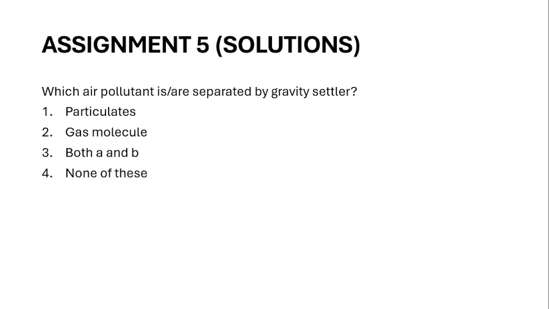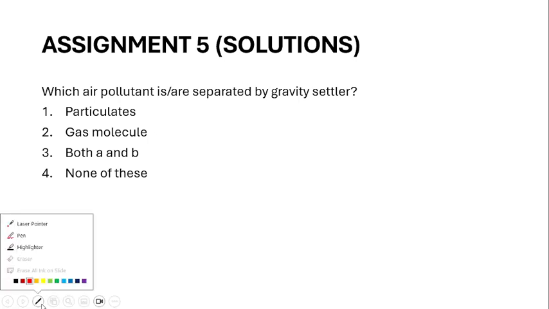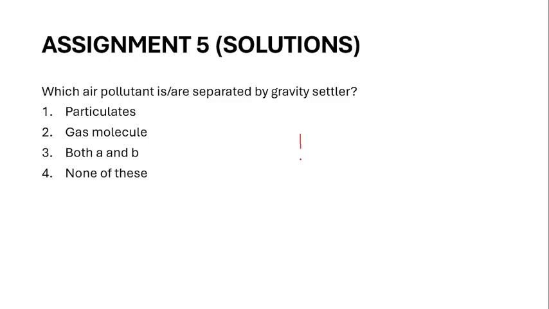Which air pollutant is separated by a gravity settler? So what is a gravity settler? It is a settler where you can see the inflow and outflow of the pollutants.